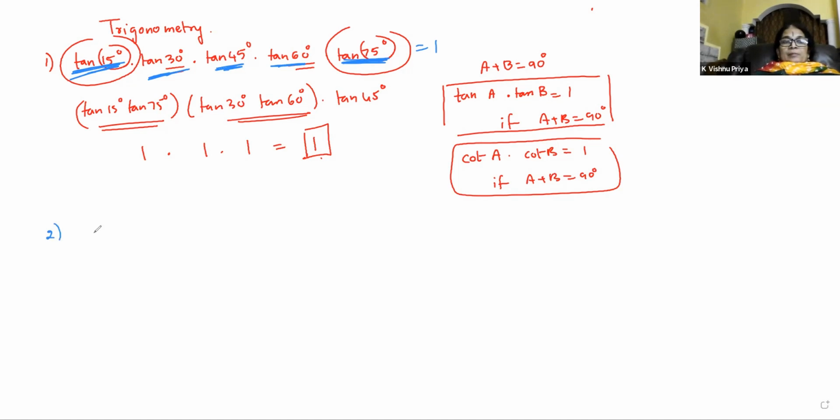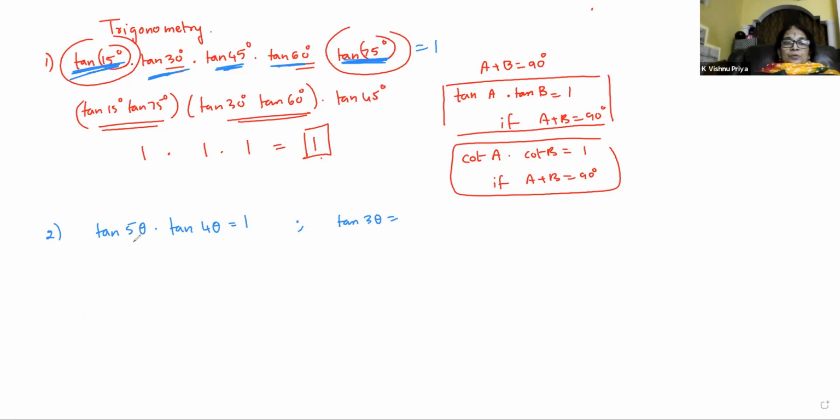Now a similar kind of problem where you apply this rule, but the problem will look different. Like tan 5 theta into tan 4 theta is given as 1. With the help of this, you have to find what tan 3 theta is.